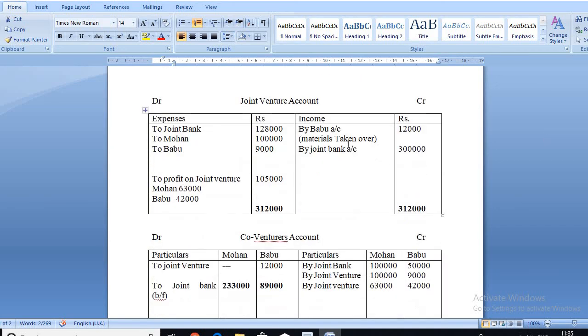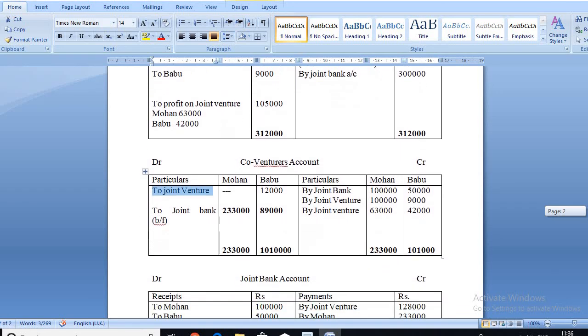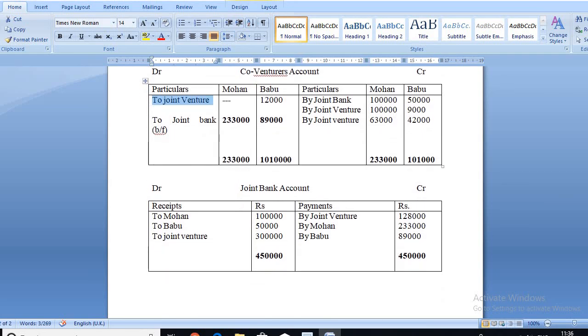Who is taking over the material? Mr. Babu, 12,000 rupees. For the same entry, you have to make cross posting: in Babu's account, debit side, 12,000 rupees to joint venture. This is the new adjustment in this problem. This is the joint venture account, this is the co-venture account, and the last one is the joint bank account. Okay, thank you students.